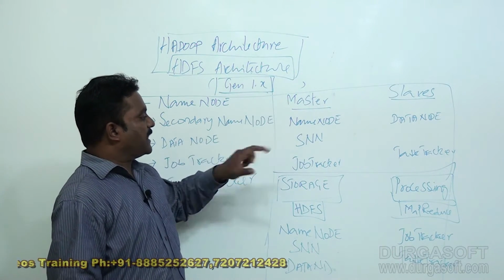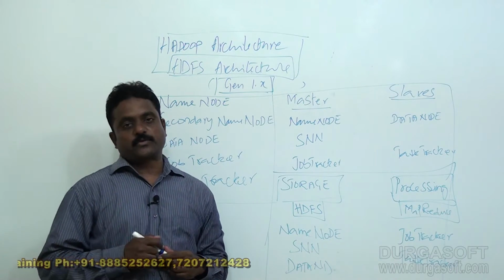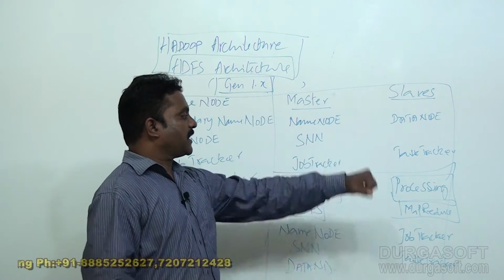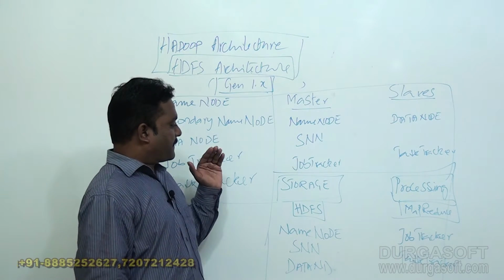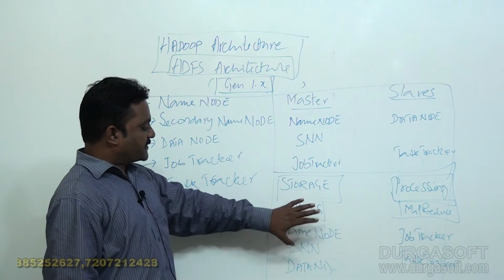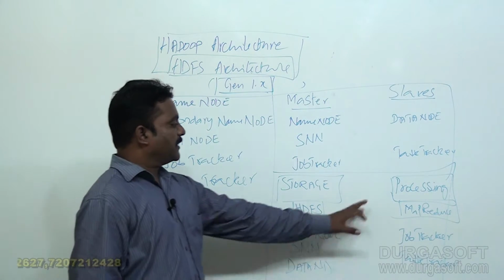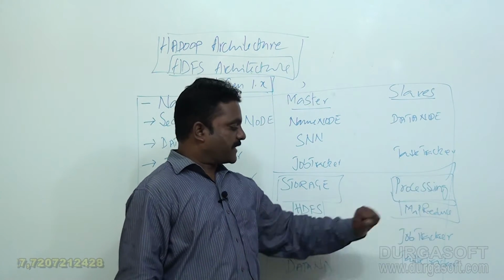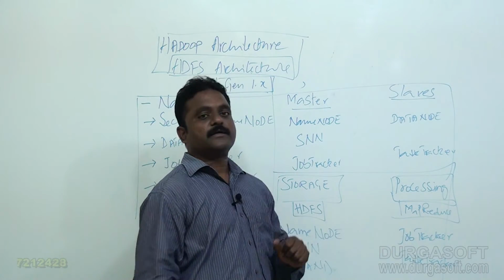Name node, secondary name node, job tracker, we call master nodes. Data node, task tracker, we call slave nodes. Storage nodes or HDFS nodes are name node, secondary name node, data node. For processing, that is MapReduce, job tracker and task tracker.